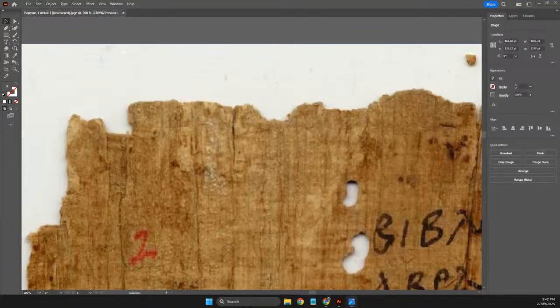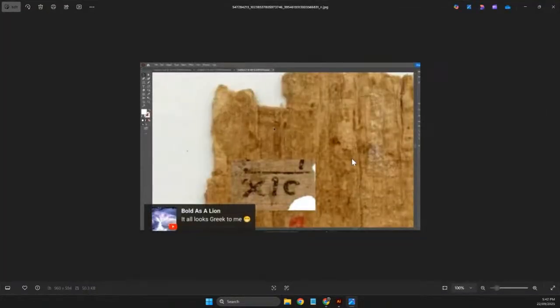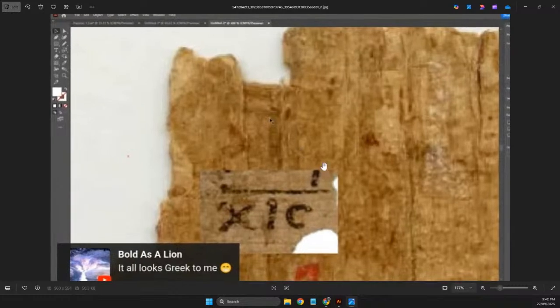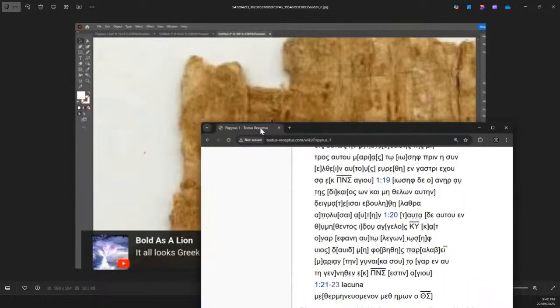I think what people immediately think when I'm showing them something like this is that I've just come up with this idea, and I just like to be sensational. Let me just share with you exactly what I was doing when I found this.